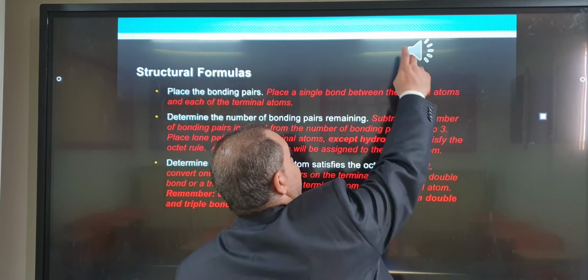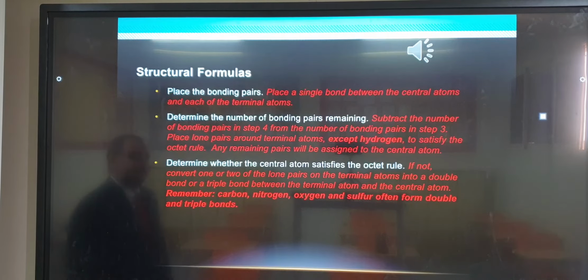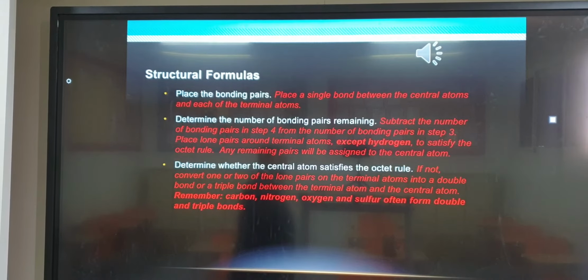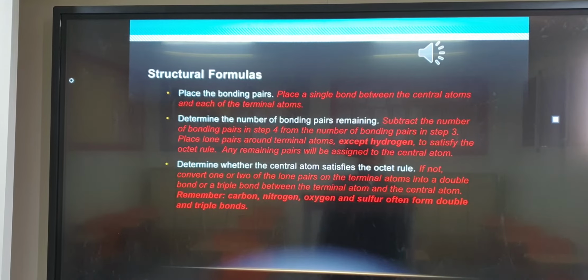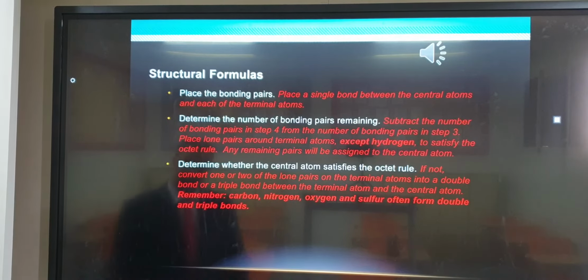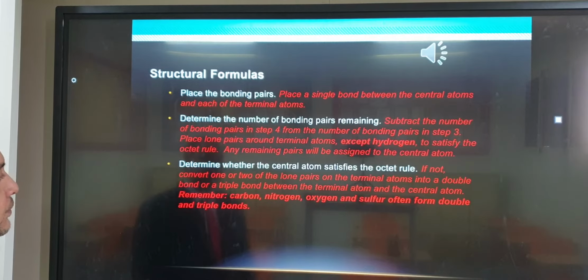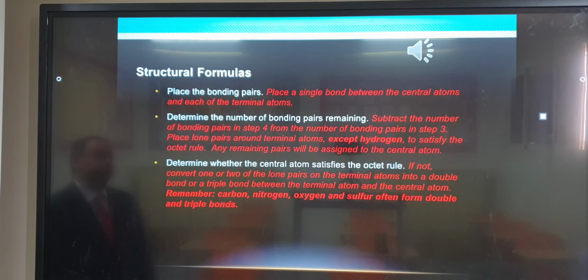Listen again, please. Place the bonding pairs. Place a single bond between the central atom and each of the terminal atoms. Determine the number of bonding pairs remaining: subtract the number of bonding pairs in step 4 from the number of bonding pairs in step 3. Place lone pairs around terminal atoms, except hydrogen, to satisfy the octet rule.